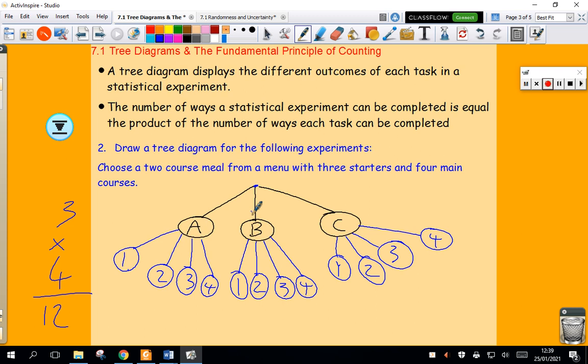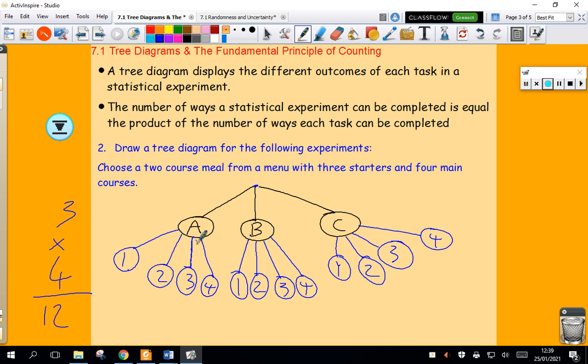What's the probability of choosing A3? Well, I don't really know what that is unless I take some evidence that has been collected and see how popular is starter A, how popular is main course 3. Then I could start thinking about the probability that a randomly chosen person selects starter A with main course 3. But I don't really know that yet.